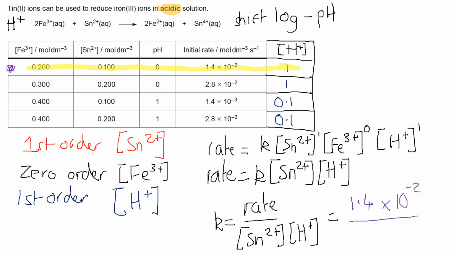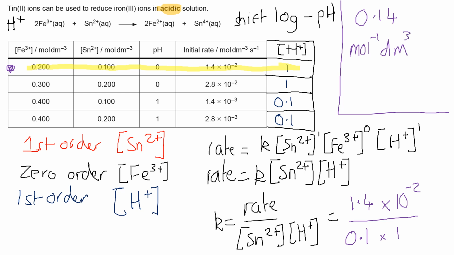The concentration of the Sn2+ is 0.1. And the concentration of the H+ is 1. Chuck that all into your calculator, and the answer comes out as 0.14, and that would have units of moles to the minus 1 dm cubed s to the minus 1. Same as for the previous ones.